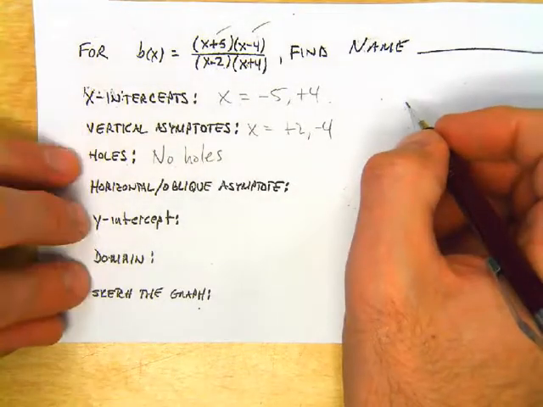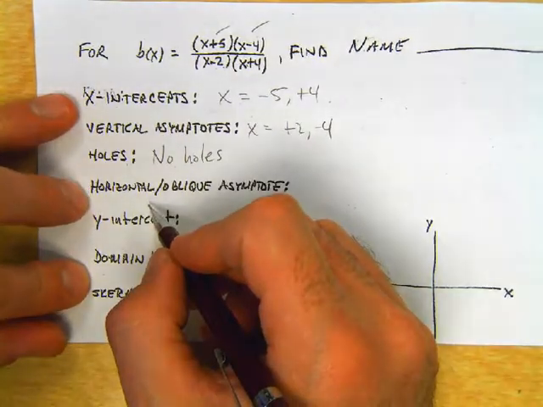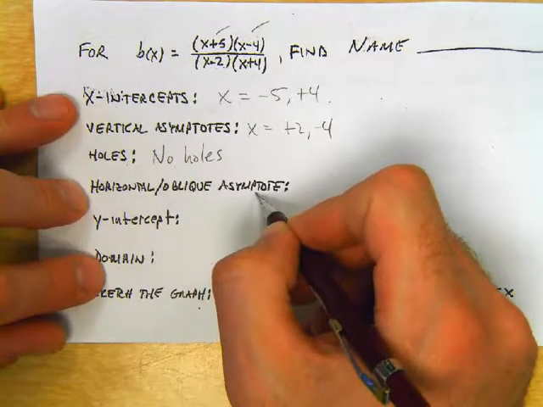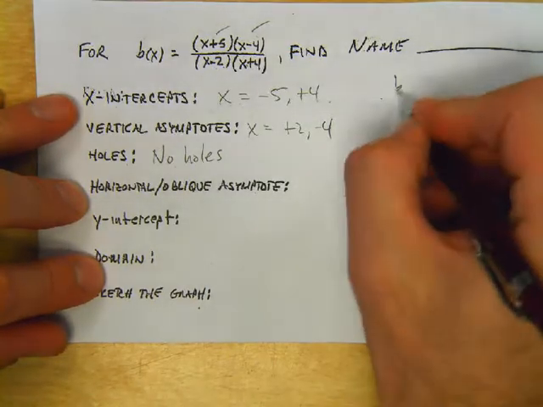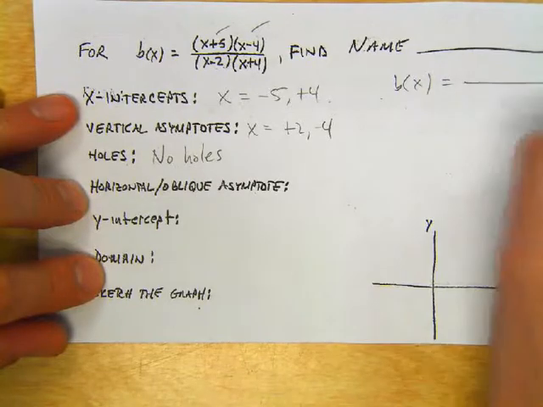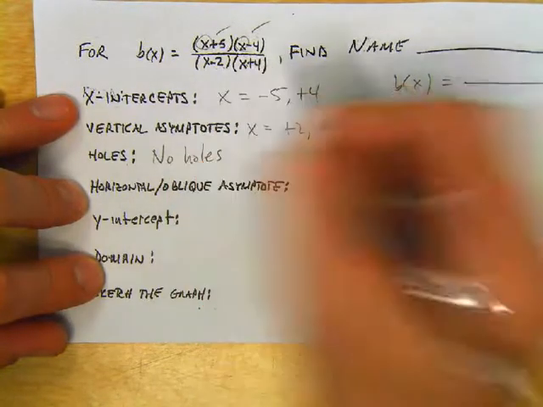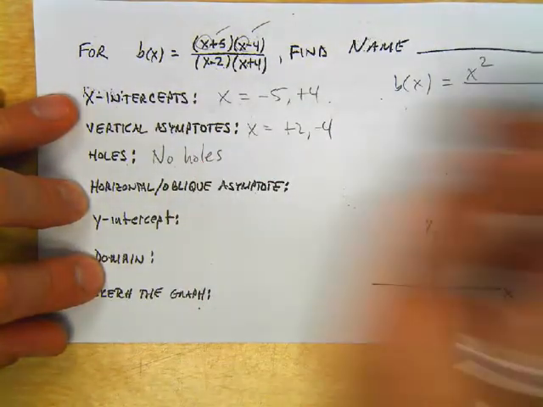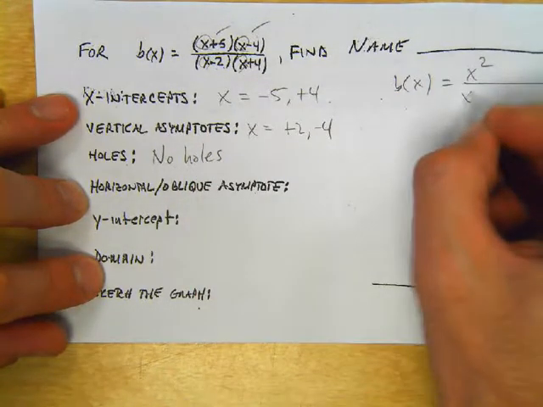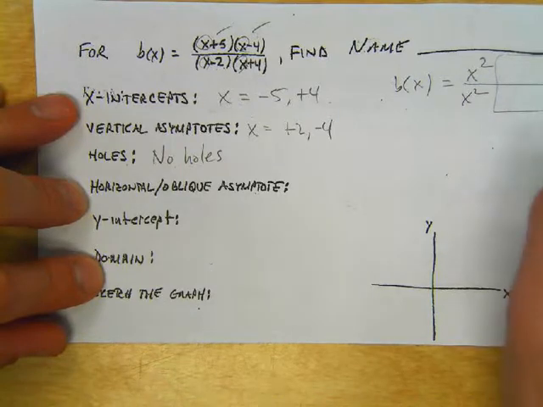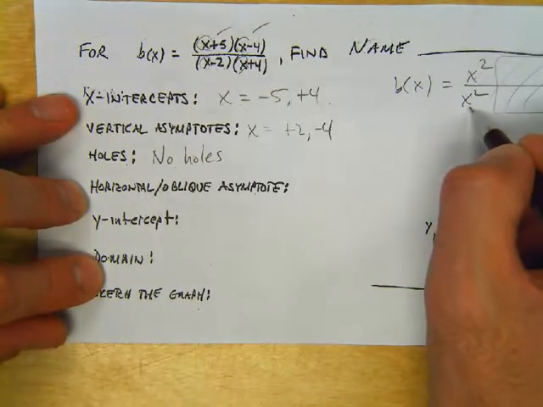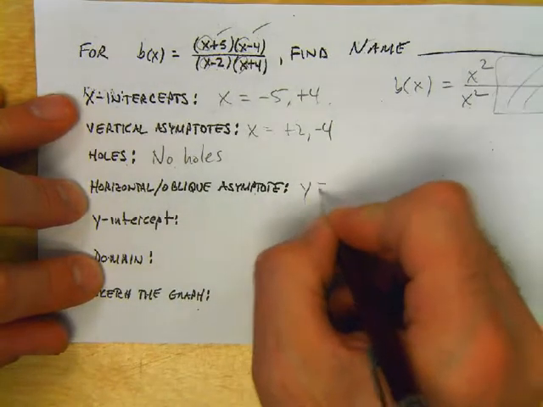Let's see. A horizontal or oblique asymptote is going to come from the lead terms. So we can find those. The lead terms will be x times x in the numerator and x times x in the denominator. As x gets big, all the other terms become insignificant. X squared over x squared is 1, so the horizontal asymptote is at 1.